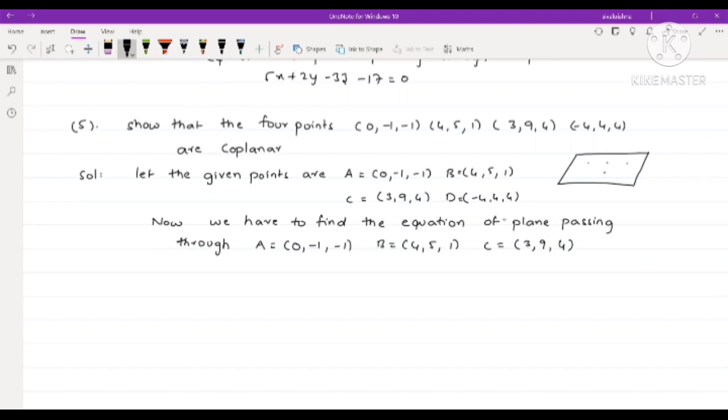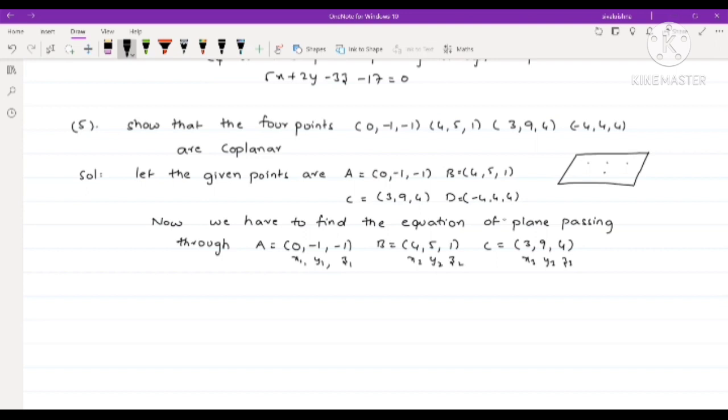We have also named A as x1, y1, z1, B as x2, y2, z2 and C as x3, y3, z3. We have already discussed how to find the equation of the plane passing through 3 points. We have two methods. I am going for the first method.